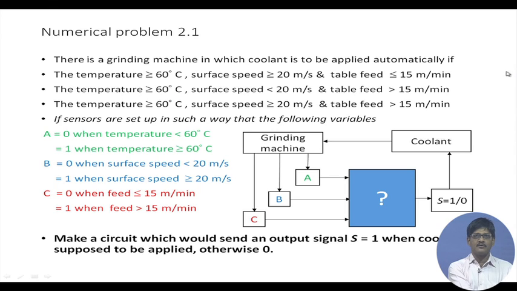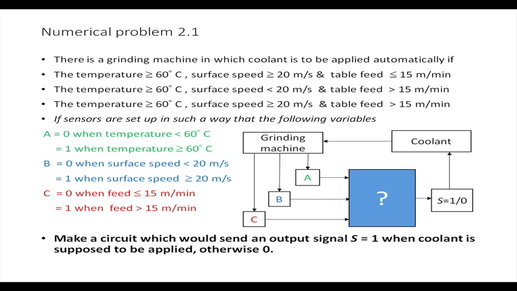Let us take a small numerical problem. There is a grinding machine in which coolant is to be applied automatically if the temperature is greater or equal to 60 degrees centigrade, the surface speed is greater than 20 meters per second, and the table feed is less or equal to 15 meters per minute.